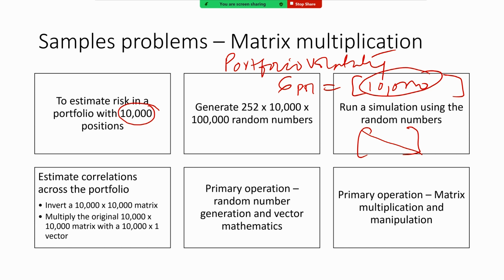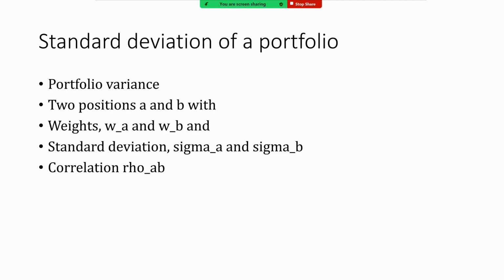Later on in the course, when we come back to efficiency one last time, when we come back to market practices and areas of expertise that you can specialize in, we'll talk about this example. So that's 2. The standard deviation of a portfolio is essentially 2 positions, A and B, with weights A and B. And as you go from A and B to C, the positions increase and the weights increase.